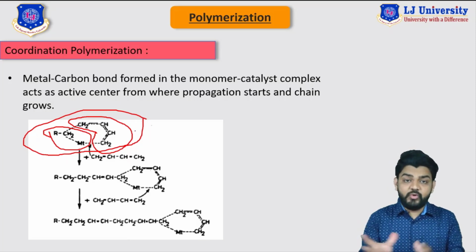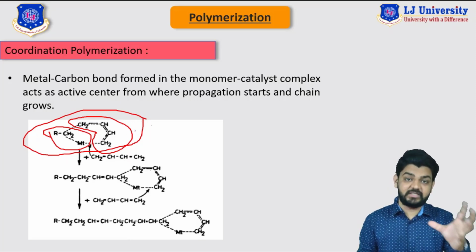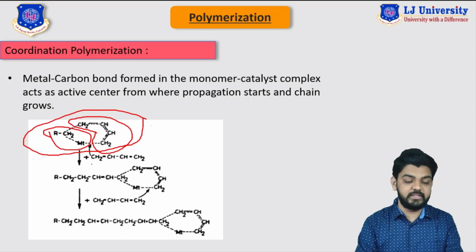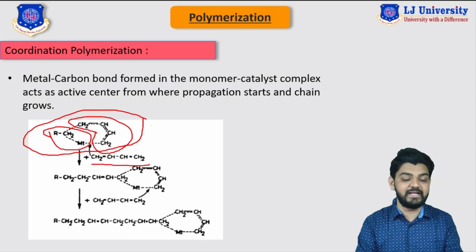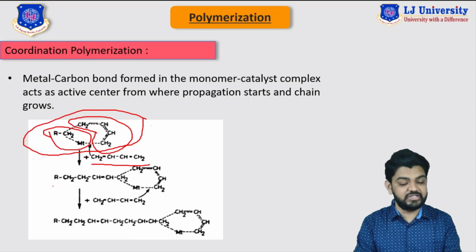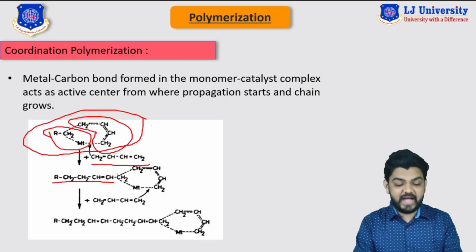So whenever a new monomer comes in contact with this catalyst, it will form a long chain. You can see here, this new monomer of isobutyl is coming in contact with this particular catalyst. So now the structure will rapidly change its form. You can see here this isobutyl is connected with this R, and at the last carbon, this ring structure is shifted.